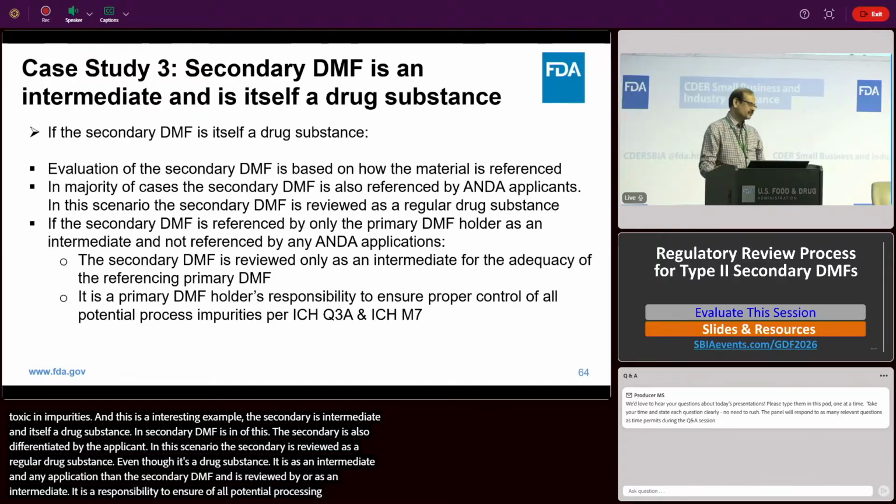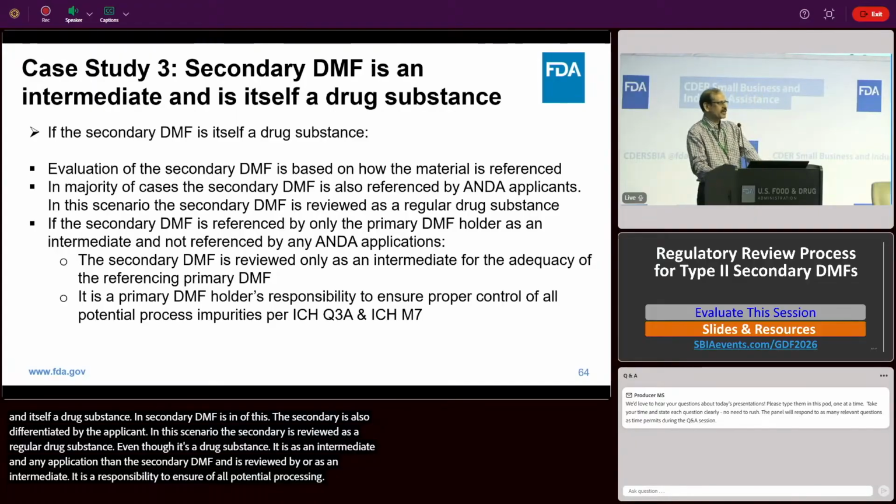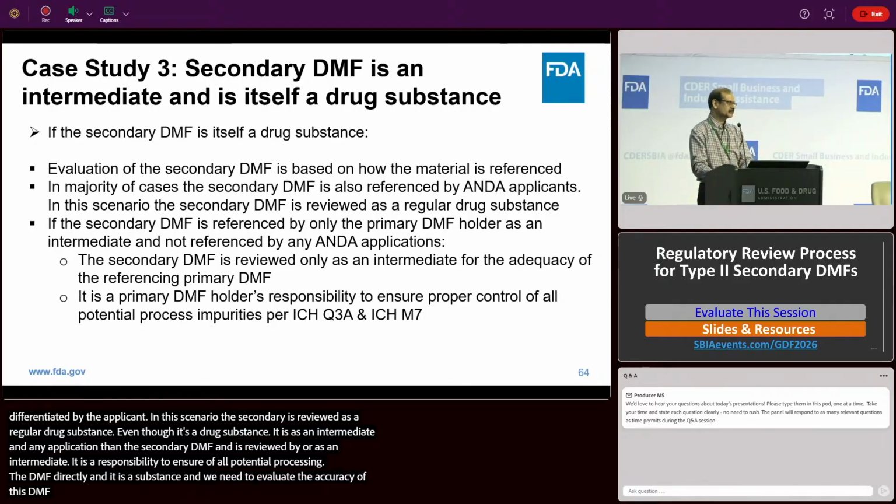Here I would like to emphasize for secondary DMF holders that in future, if they want to reference their DMF directly to another ANDA applicant as a drug substance, then we need to evaluate the adequacy of this DMF for the newly referencing application.